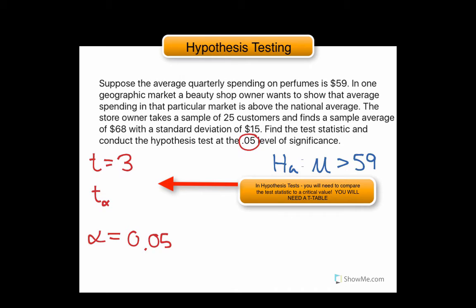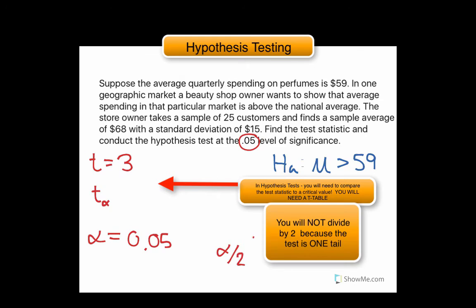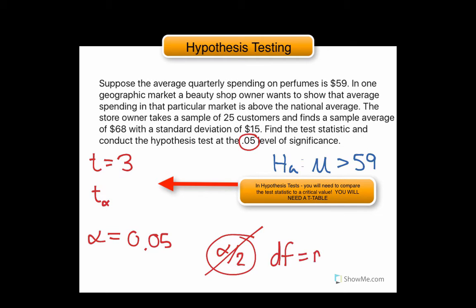Because this is a one-tailed test, you will not divide alpha by 2 when you're looking at the t-table, so you do not do that. The other thing you need when finding a critical t-value is degrees of freedom. That is equal to the sample size minus 1, so in this case it's 24 since our sample size is 25. So if you cross-reference those numbers on the t-table, you'll find that the critical t-value is 1.711.